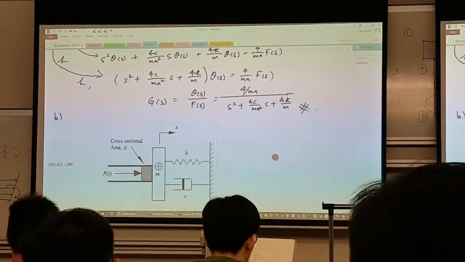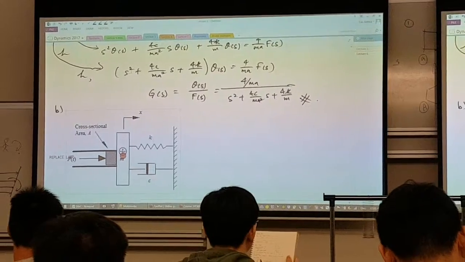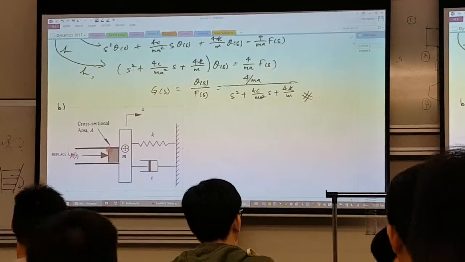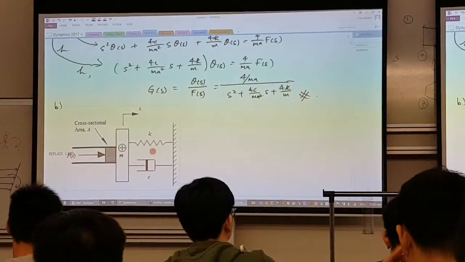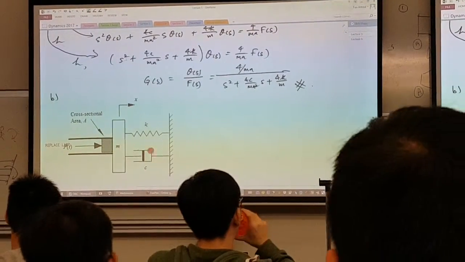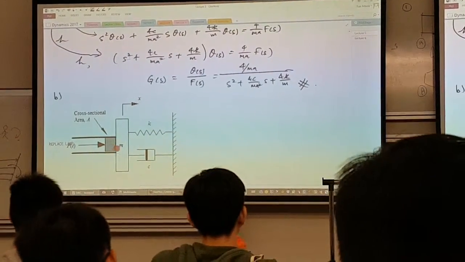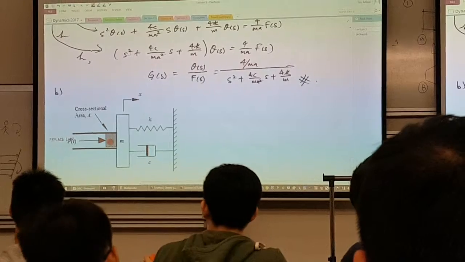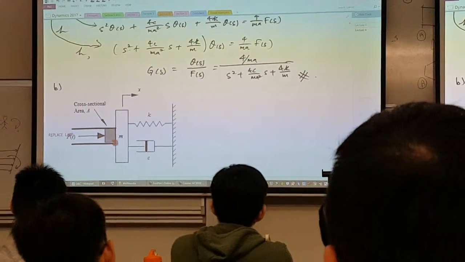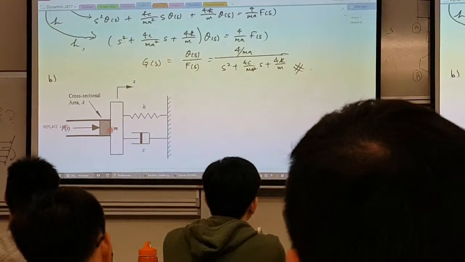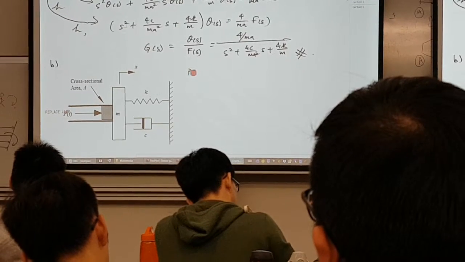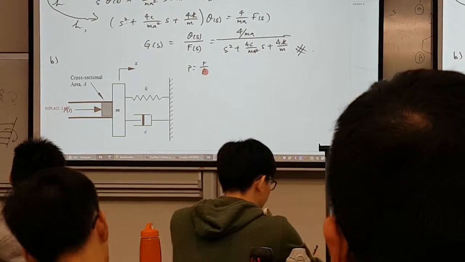So this figure over here, what I'm going to do is to simplify it a bit. First of all, this pressure that's applying to this kind of buffer region, this part here is able to oscillate. This is your external force, but it's not represented as a force. It's represented as a pressure distributed across that surface area, which is A. So if you remember, pressure is equal to force over area.